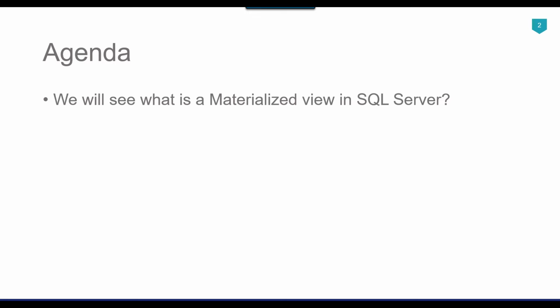However, if you create a materialized view on a complex SQL query, it can store the data on the disk, and whenever you need the data, it can quickly get it for you. It does not need to rerun all the calculations every time. So let's see how to create the materialized view in SQL Server. Let's jump to the demo.